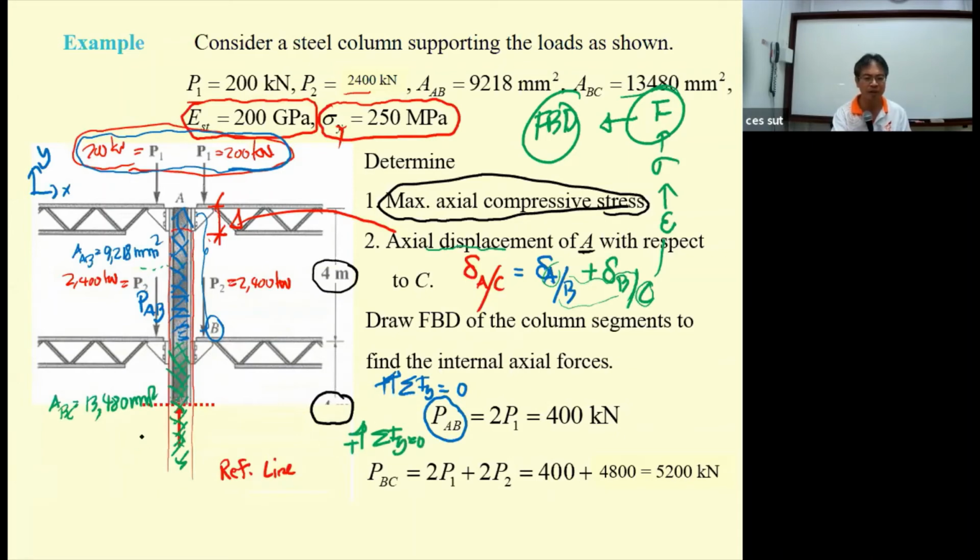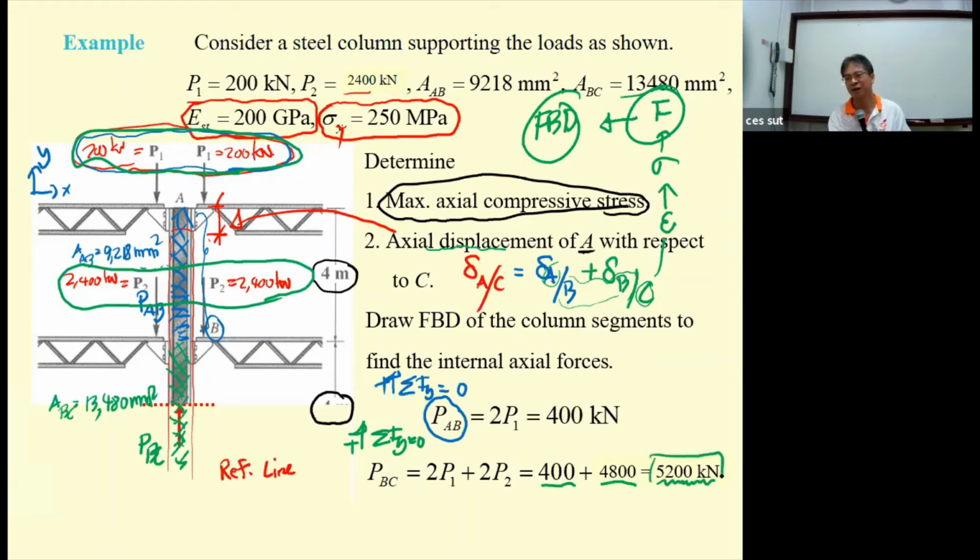Upward is positive, so P sub BC will be the combination of these two forces, probably 400 plus 4,800, and the total internal force P sub BC is going to be 5,200 kilonewton.